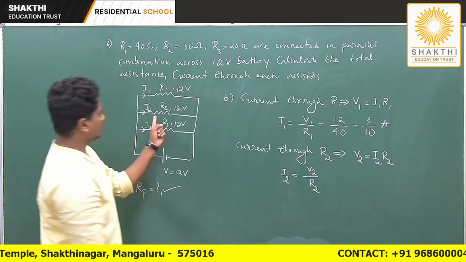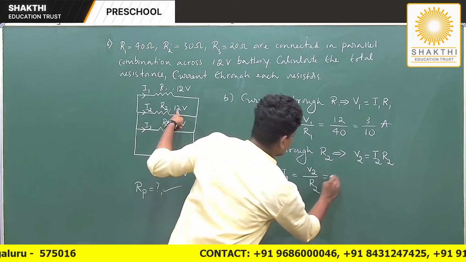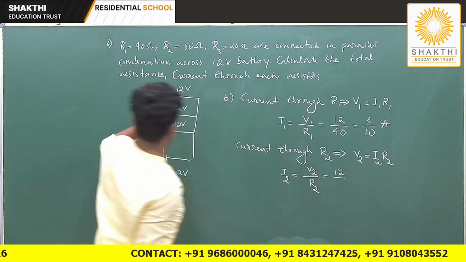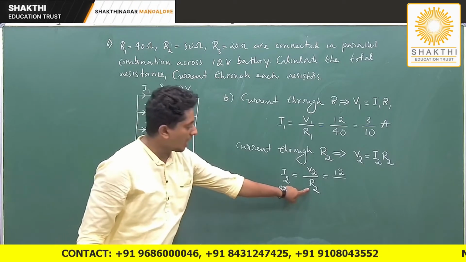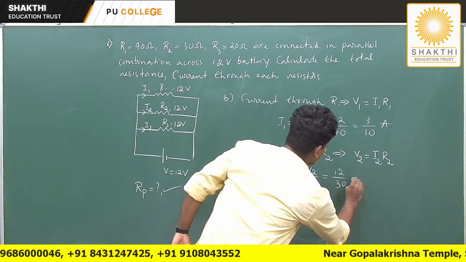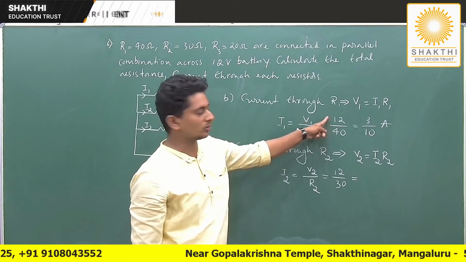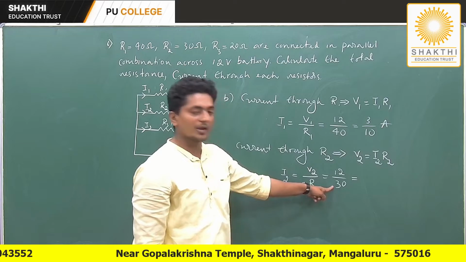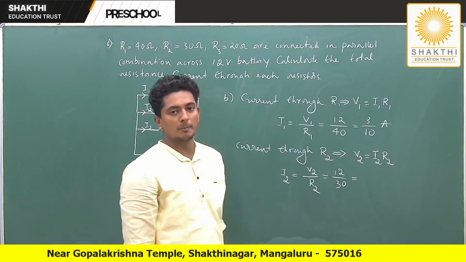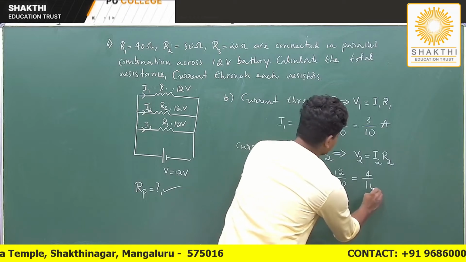V2 is nothing but the potential difference across R2 itself, that is 12 again. And R2 is nothing but 30. Again you can divide this. Now this I was able to divide by 4, but this I can't divide by 4, but I can divide both of them by 3. This is nothing but 3 4s are 12, 3 10s are 30.